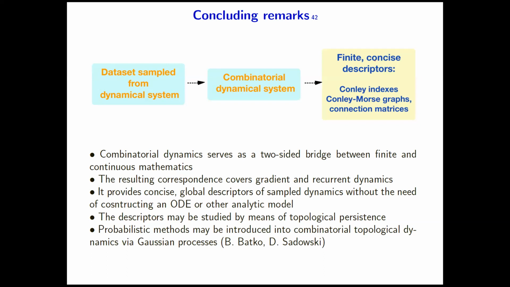But my collaborator and our common student, Bogdan Batko, and our common student, Damian Sadowski, actually treat these clouds of vectors as Gaussian processes, and then you can construct algorithms which not only give you a multivector field, but you can request first a level of probability that the real system may be represented by this combinatorial dynamical system, and then everything you get, with the same probability, may be applied to it.